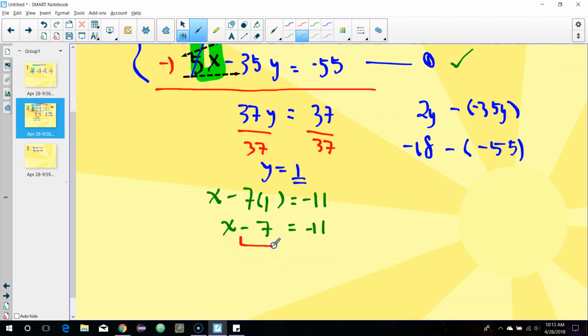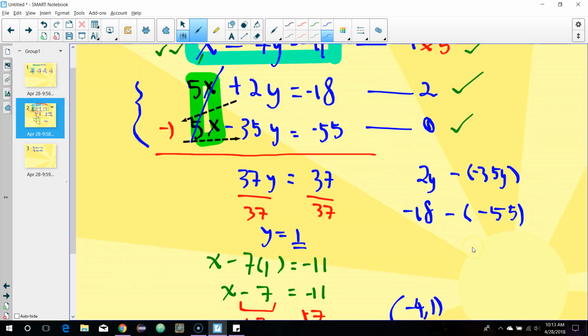So I'm moving this to the other side. Moving the whole thing is just the opposite operation, which is plus. And finally you get your answer, x is equal to negative 4. So your final answer is negative 4, 1.